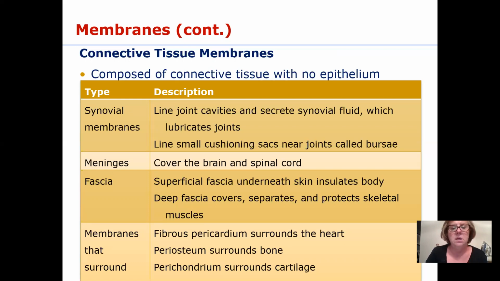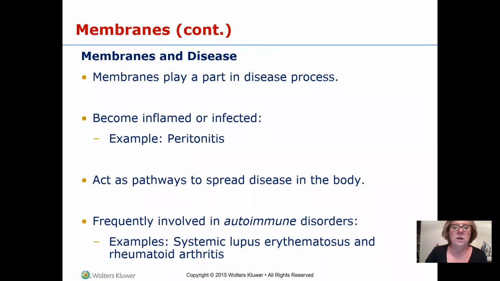The periosteum is bone, so it surrounds the bone, and then the perichondrium is cartilage. It surrounds the cartilage. So pericardium is the membrane around the heart, periosteum around the bone, and perichondrium around the cartilage. And if we look at some of the diseases that are affected by inflammation, peritonitis would be an inflamed peritoneum.